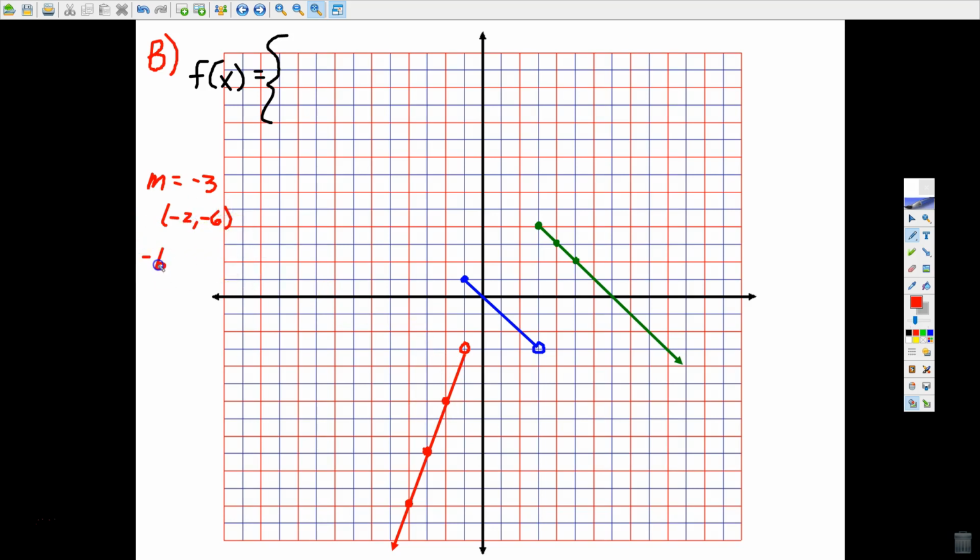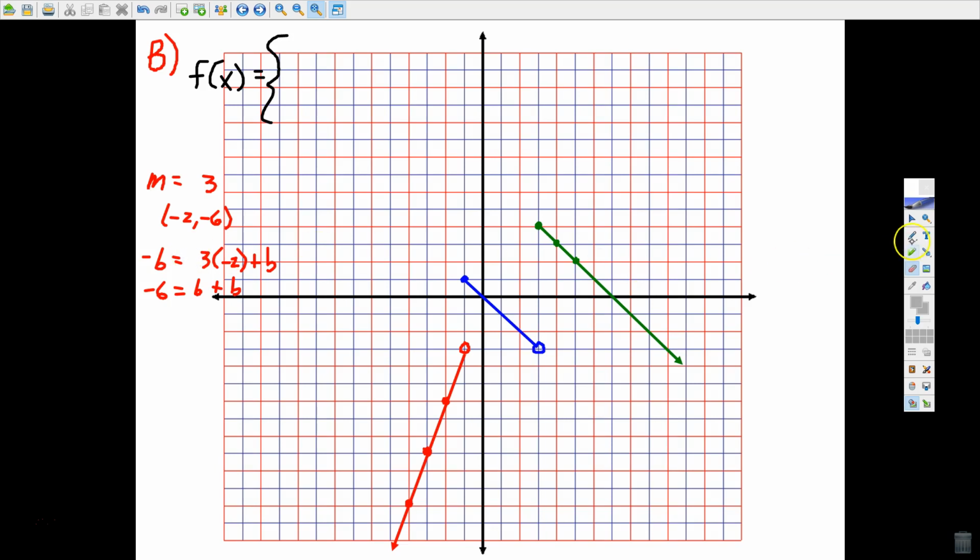And let's write the equation. Solve for b. y equals mx plus b. -6 equals 6 plus b. And now when we subtract, I'm sorry, I just realized I wrote down -3 slope, and it should be +3, so I apologize for that.